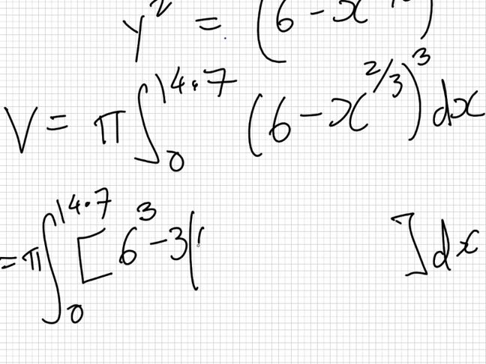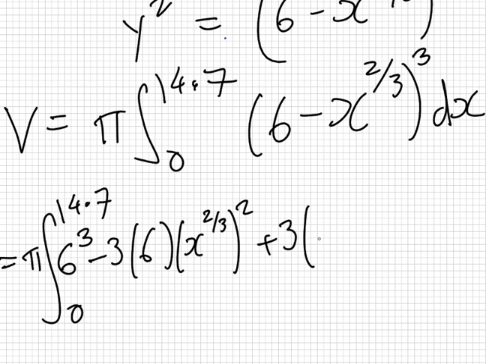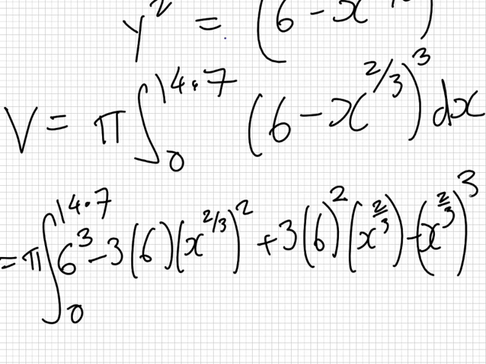So it's 6 cubed minus 3 times 6 squared times x to the power 2 over 3, plus 3 times 6 times x to the power 2 over 3 squared, and finally minus x to the power 2 over 3 cubed.